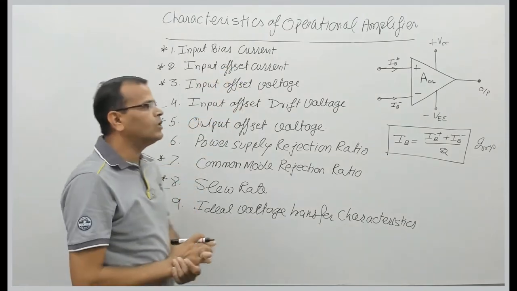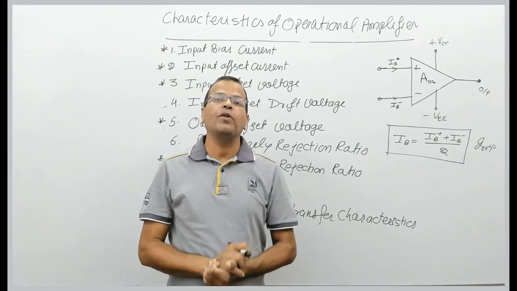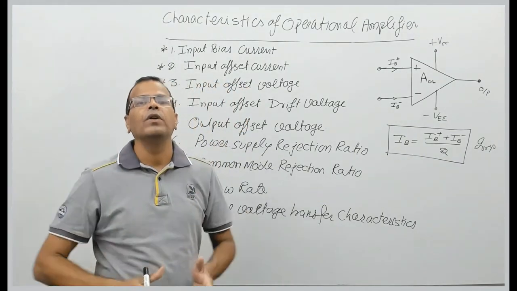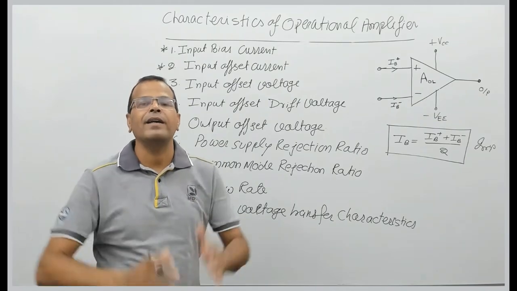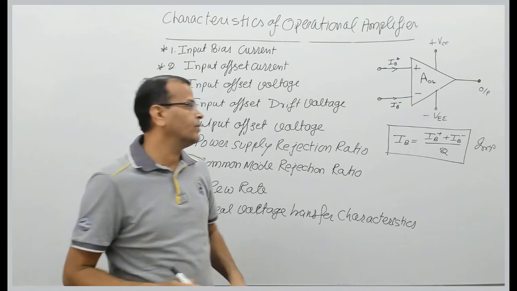Now let us talk about input offset current. Input offset current is basically the difference of the biasing current entering at non-inverting and inverting terminals of the op-amp.